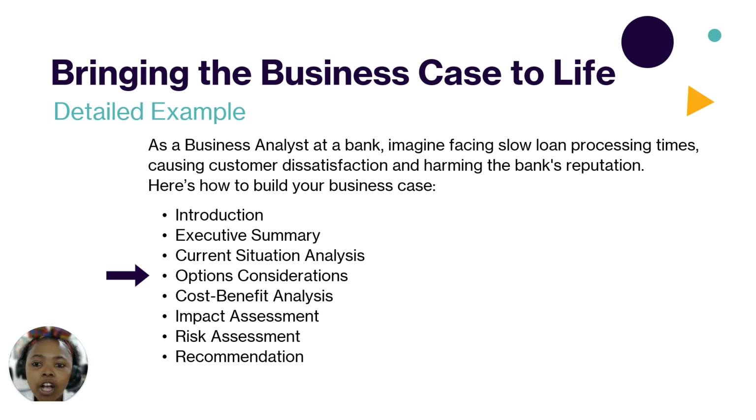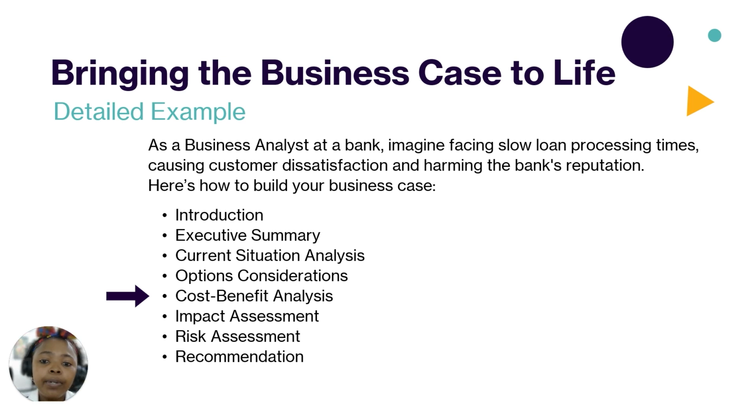Now we look at cost benefits analysis. Here, you analyze each option's cost and expected benefits in detail. So, looking at option one, you could say process re-engineering has low initial costs, but may not significantly reduce delays.